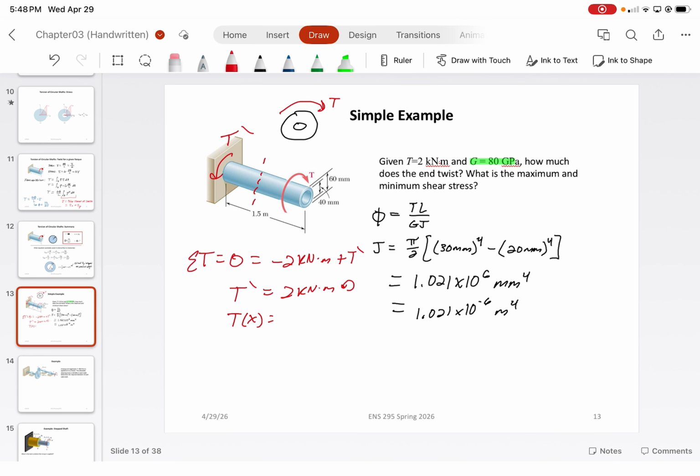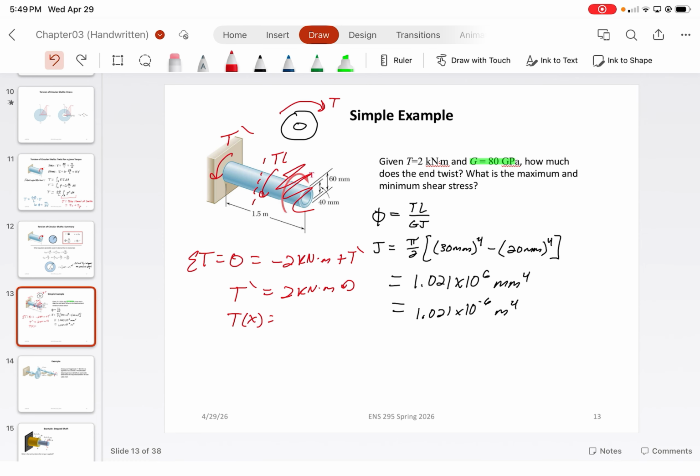What would the internal torque have to be? Would it also be T prime? It would be -2. The reason being is because if we're ignoring everything here, then if we were to try and draw T of x and solve it using T prime, we would get that T of x has to equal -T prime, which is just equal to T.